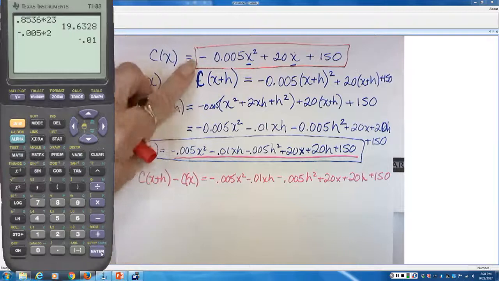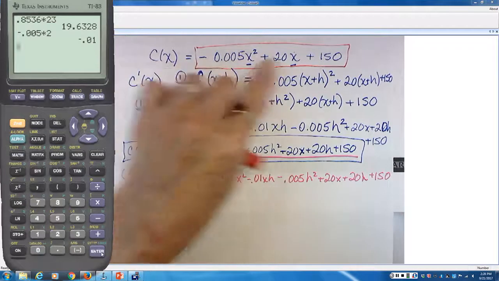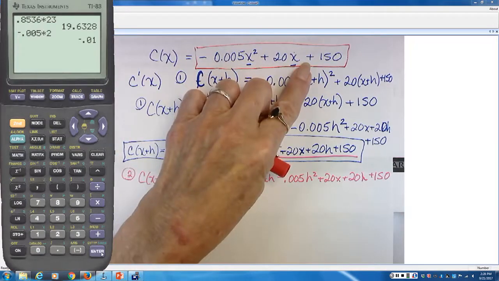Now when I subtract that, what's going to happen to all those signs? That's going to become positive, that's going to become negative, that's going to become negative. Agreed?